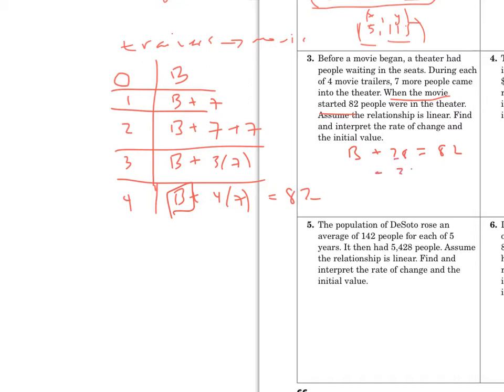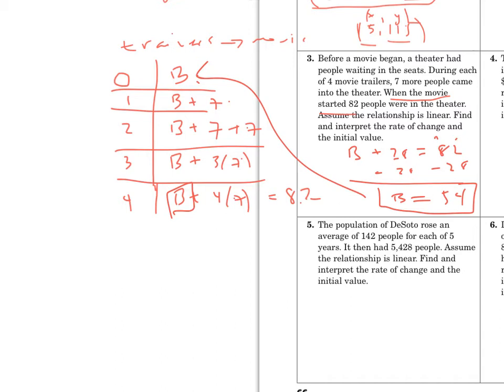So if we subtract 28 from both sides, we get b is equal to 54. So there were 54 people before the movie trailer started, right here. And then they added 7 people each time until they got to 82.